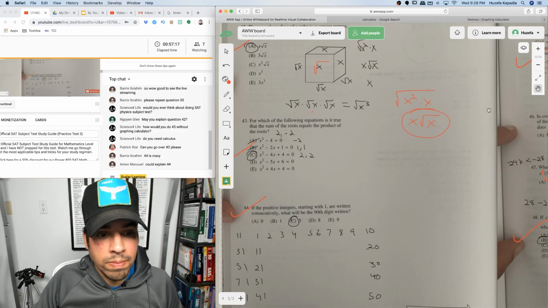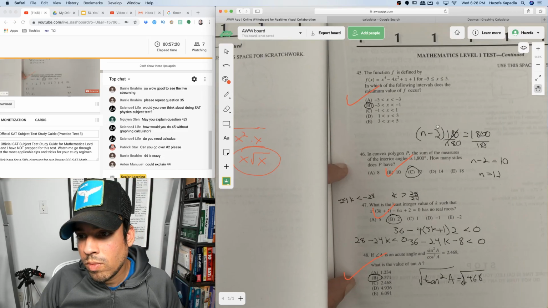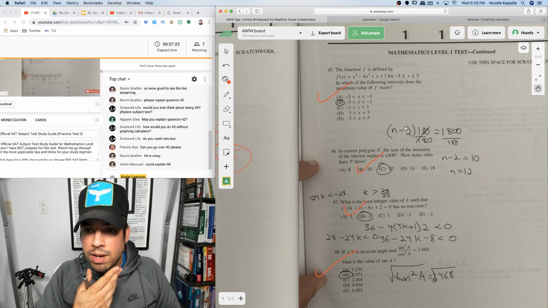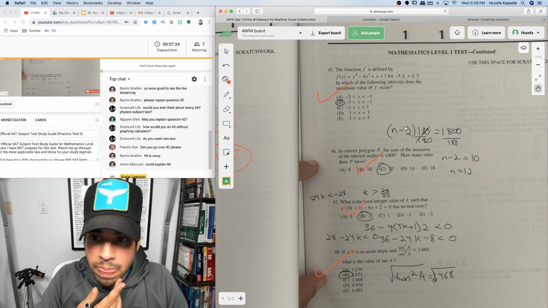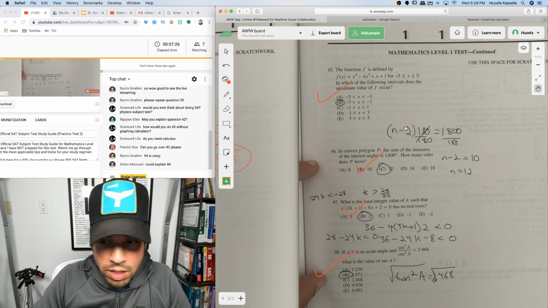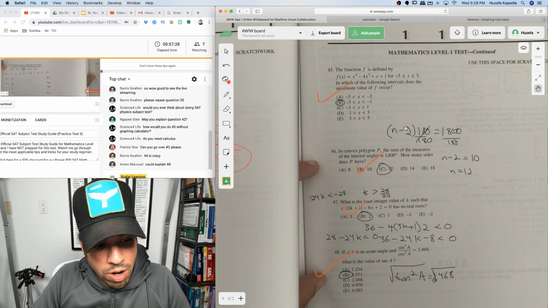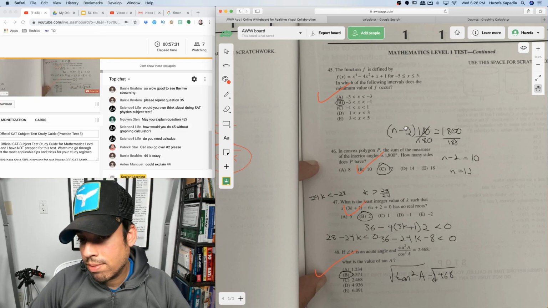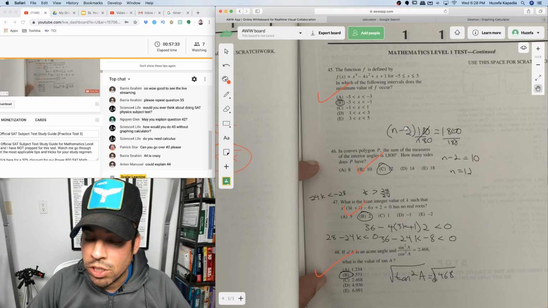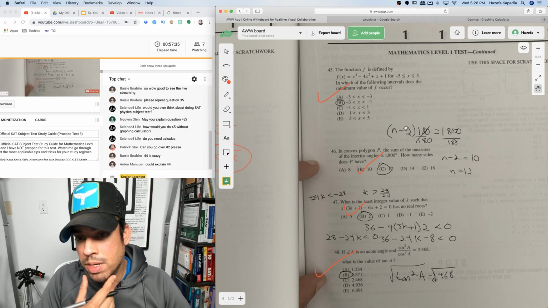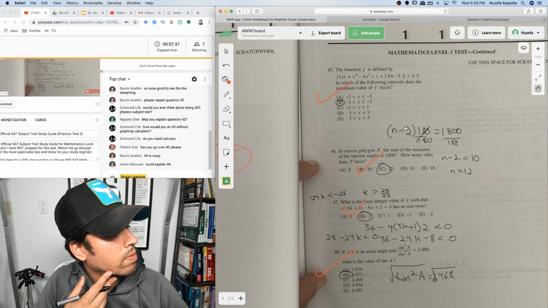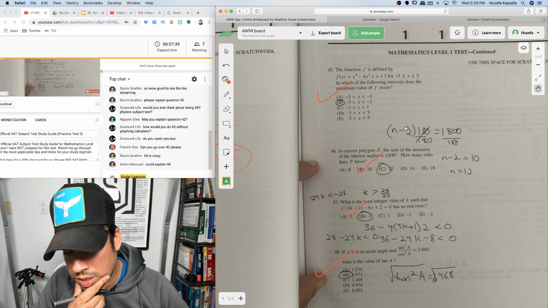44. 45, I'm not sure. There's got to be a way to do it without a calculator. But if you got a graphing calculator, which I highly recommend you have, why even bother? Just graph that out. But if you want to find the minimum, I think there's got to be a way to do it without calculus.